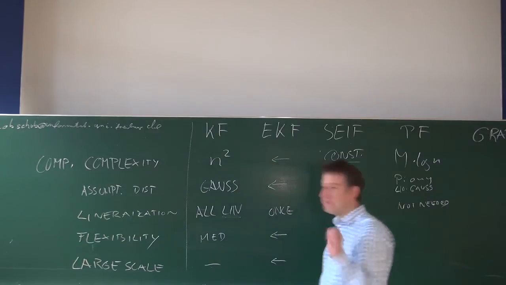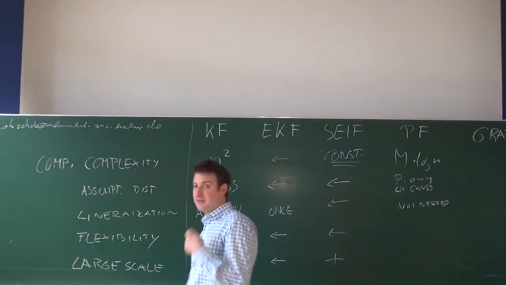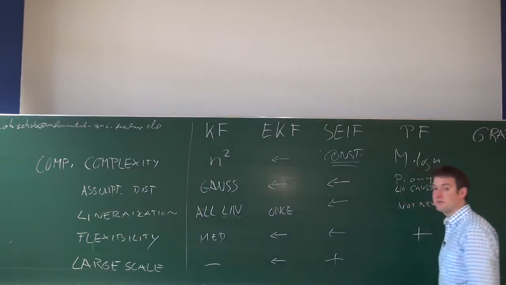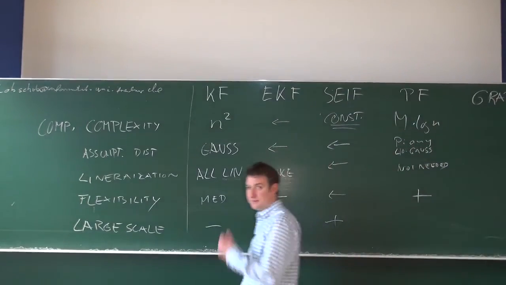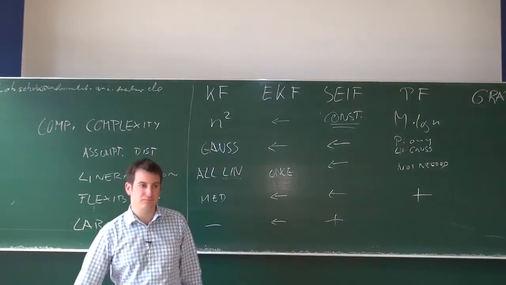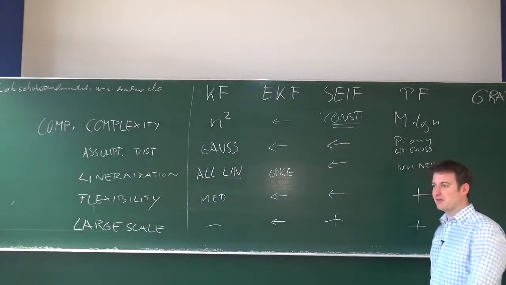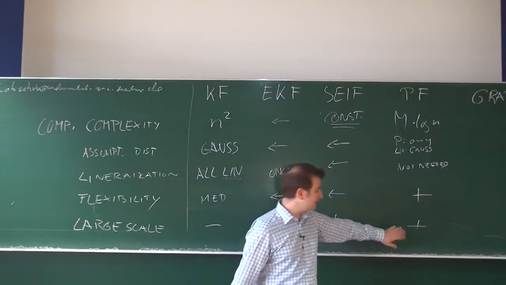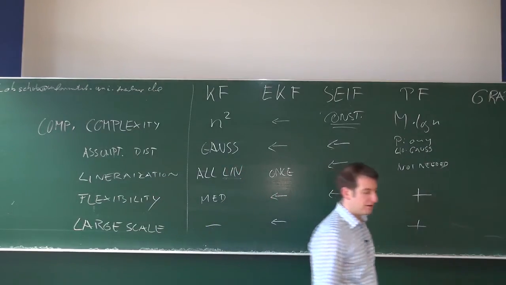Exactly, so we have multiple data association hypotheses. I don't need to necessarily commit to one data association hypothesis. I'm really flexible with respect to the data association, so that gives me a really nice plus in terms of flexibility. What about large scale? So log n is still pretty good. I mean, constant is better, but it's still pretty good, and it has some of the advantages of the linearizing ones. That's better here.